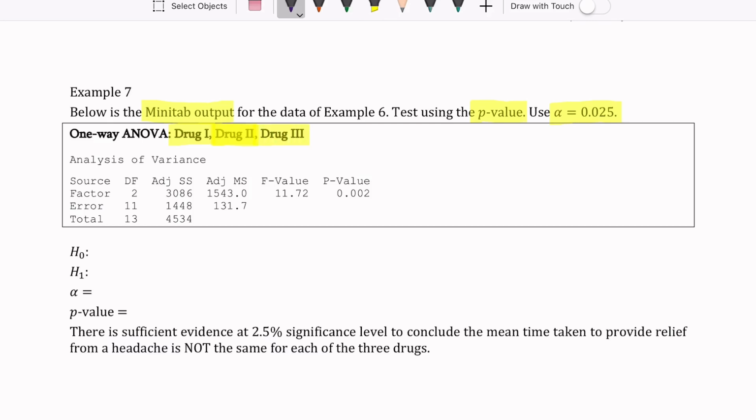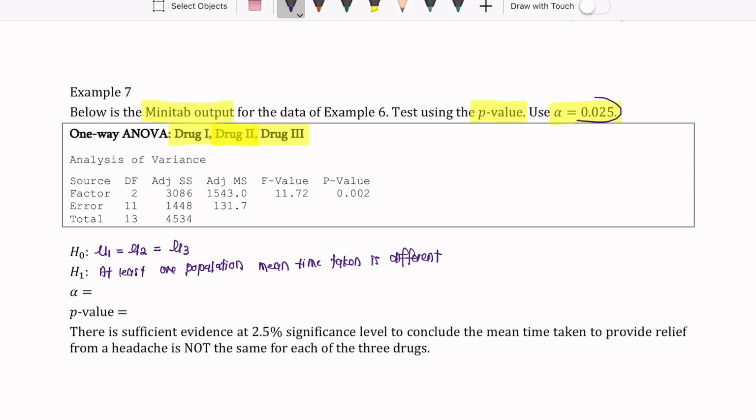So to state the hypothesis, the null hypothesis, we have population mean 1 equal to population mean 2 equal to population mean 3. And the alternative hypothesis should be at least one population mean time taken is different. Alpha. What is alpha?